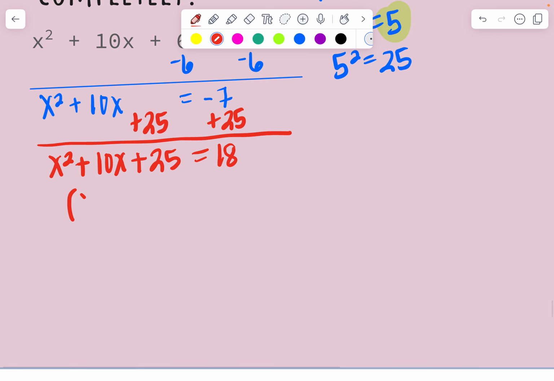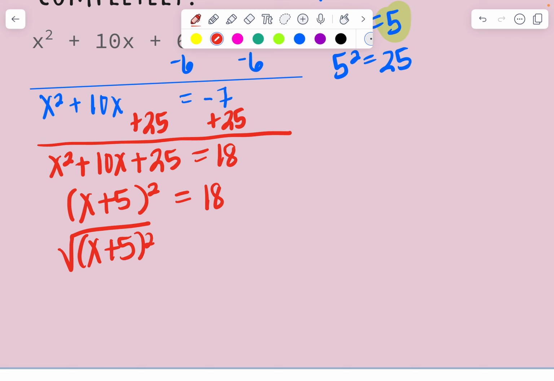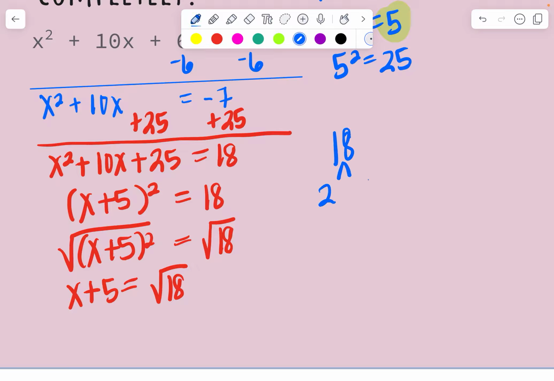Factoring the left side, my magic number was 5, and this ends up being x plus 5 squared equals 18. Square rooting both sides. We get x plus 5 equals square root 18. And if I look at breaking up 18, it's 2 and 9, and 9 is 3 and 3.